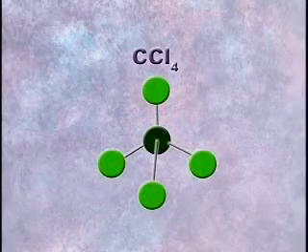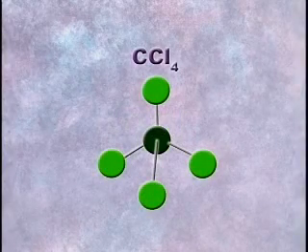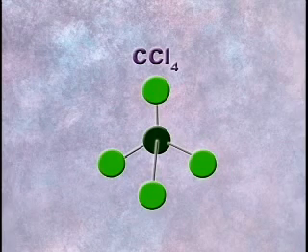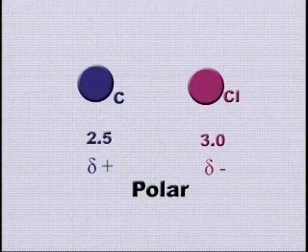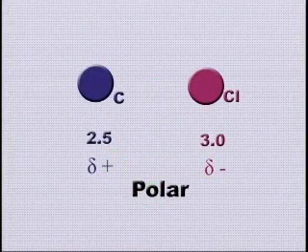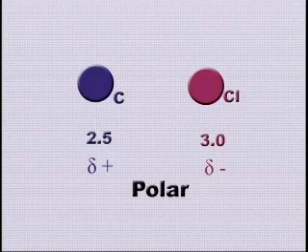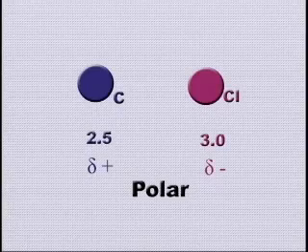When you built your molecular models, you determined that carbon tetrachloride would have a tetrahedral shape with a carbon atom in the middle. This means that the molecule contains 4 bonds between the carbon atom and a chlorine atom. The electronegativity difference between these 2 atoms is 0.5, so the bonds are polar with the partial negative charge on the chlorine atoms and the partial positive charge on the carbon atom.